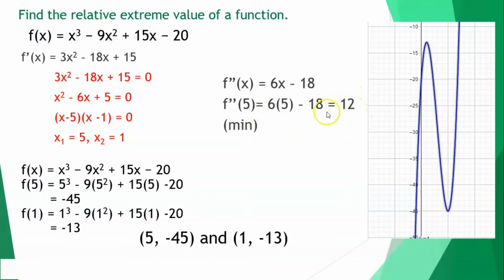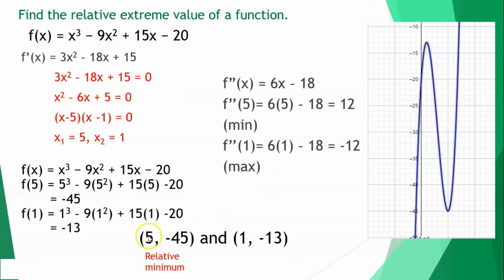Since 12 is greater than 0, it has a relative minimum. Then for f double prime of 1, we end up with negative 12. Since negative 12 is less than 0, it has a relative maximum point.